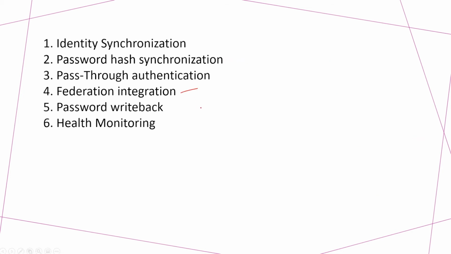Federation integration. Federation is a collection of domains that have established trust. It is an optional part of Azure AD Connect and can be used to configure a hybrid environment using an on-premise AD federation services infrastructure. Since it's optional, I don't think a lot of organizations use this unless there's a special case.